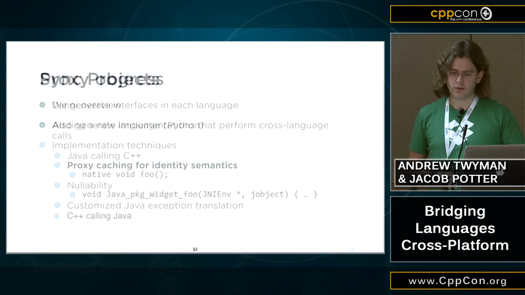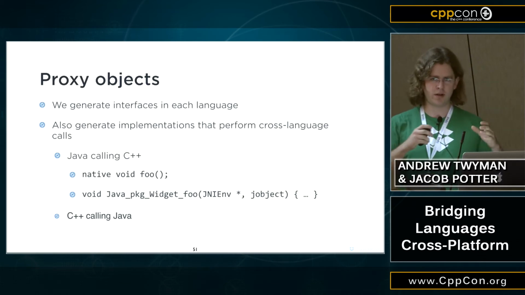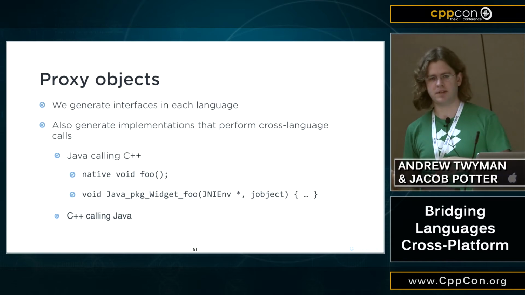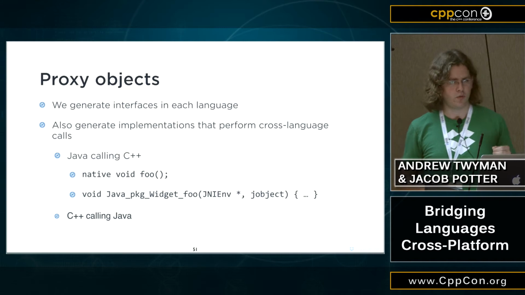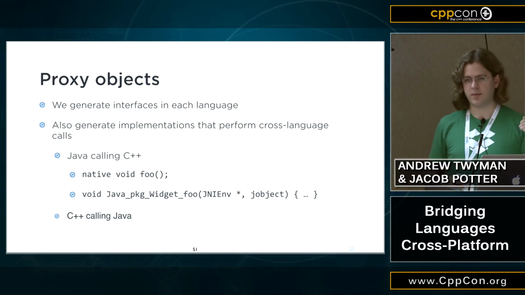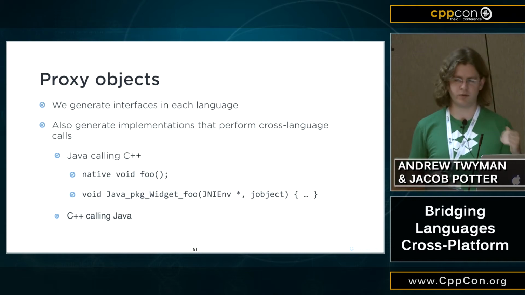All right. So as Andrew said earlier, we generate proxy objects when you're calling from Java to C++, or Python to C++, or C++ to Objective-C, et cetera. We get an interface in each language, and we also get an implementation of that interface that does cross-language calls.